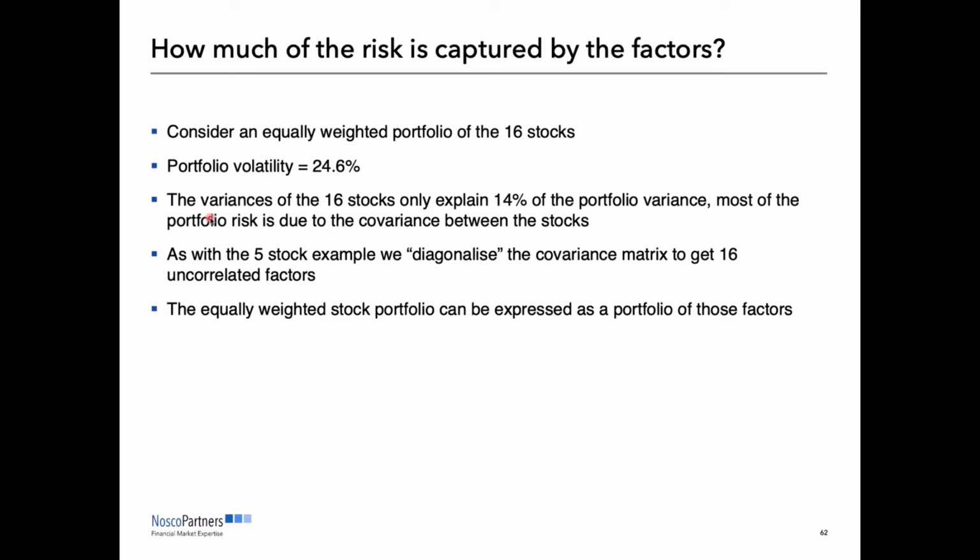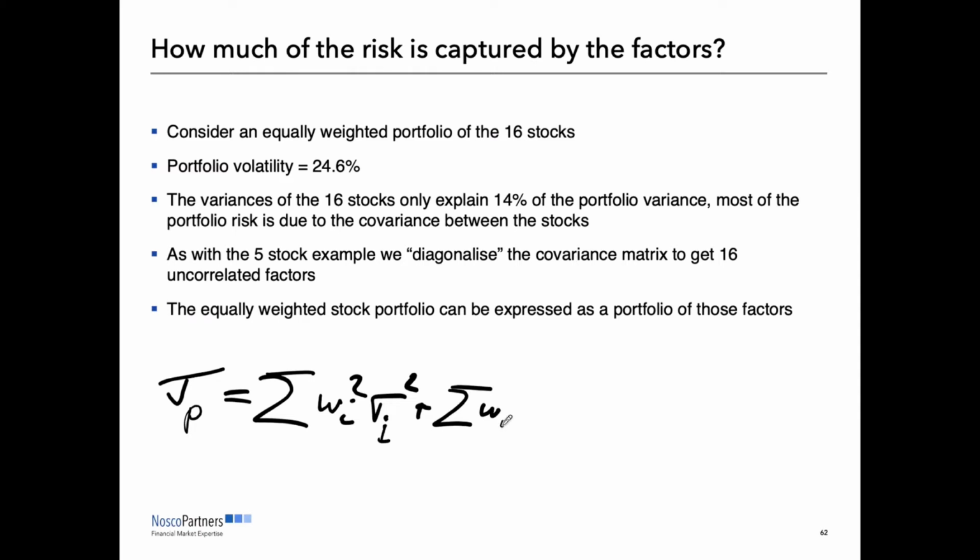Let me explain this again. We have done this before, but it's so important that I say it again. Let me get the pen. The variance of the portfolio will first be a sum of the variances of the assets, plus then all these covariances, right?